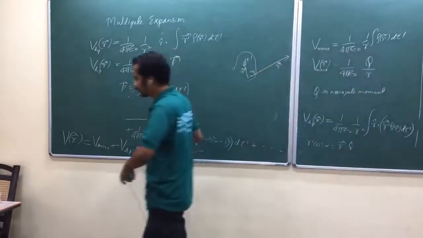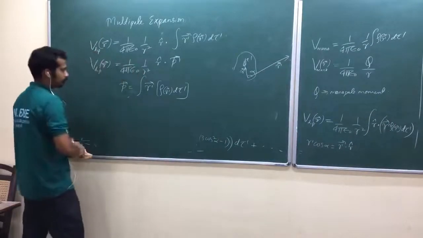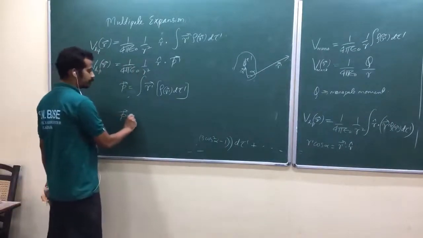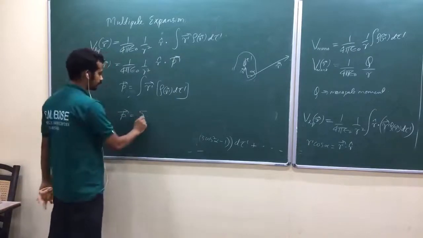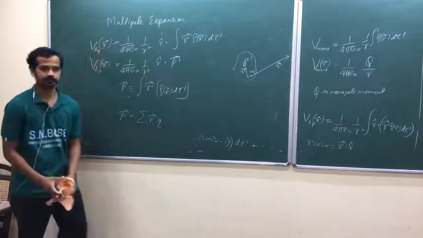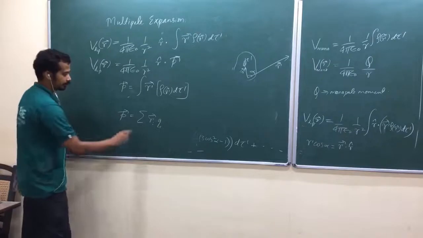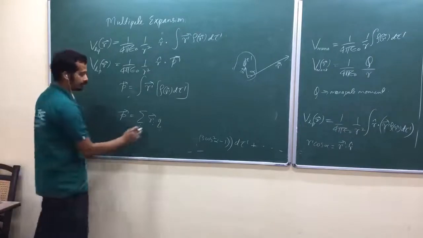Is that okay? Because in the very next step, we want to write our dipole moment for point charges. Then what we write here is r i prime, q i, for point charges.